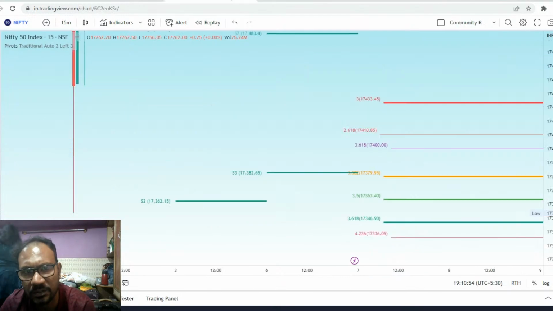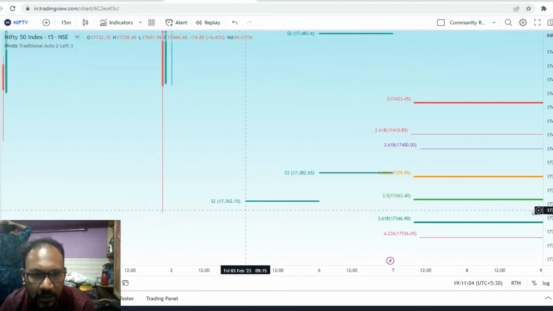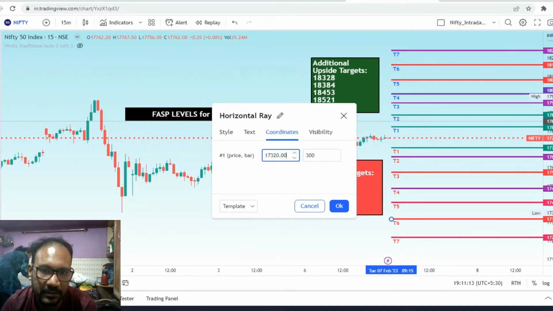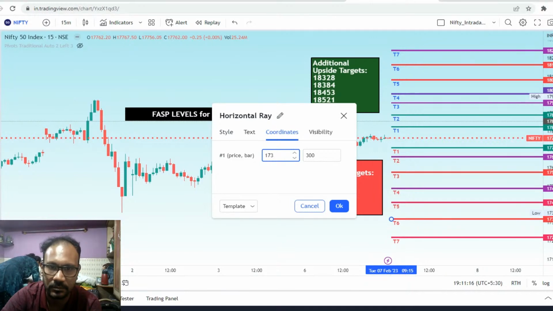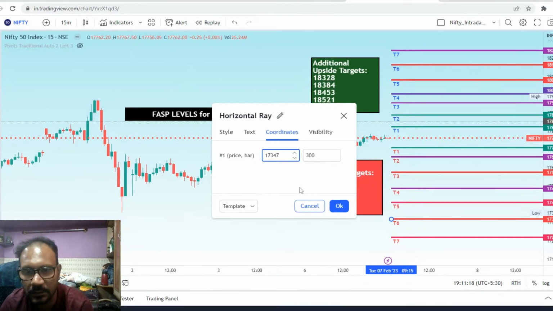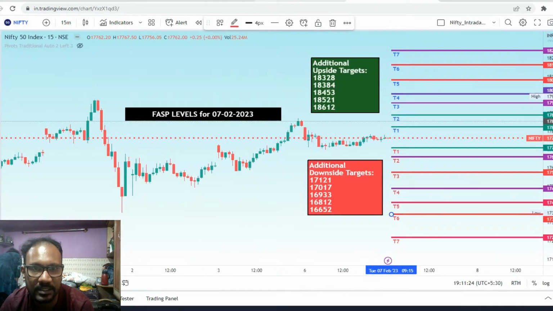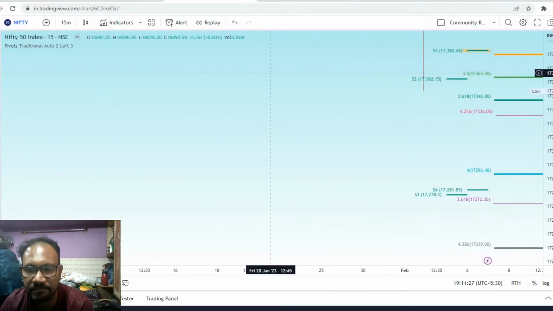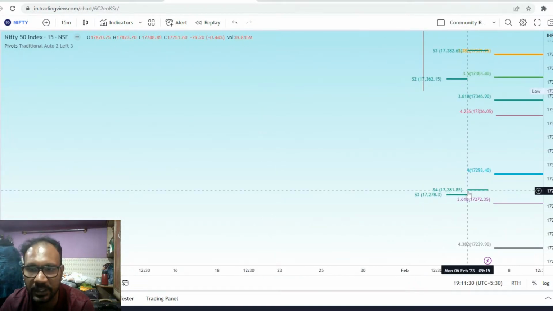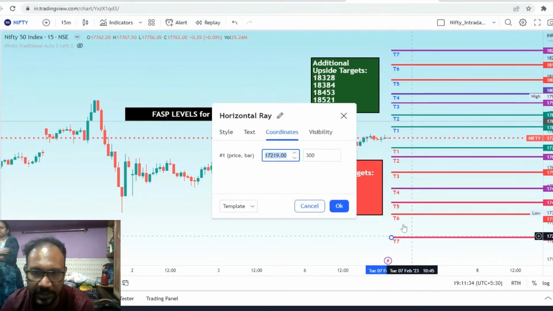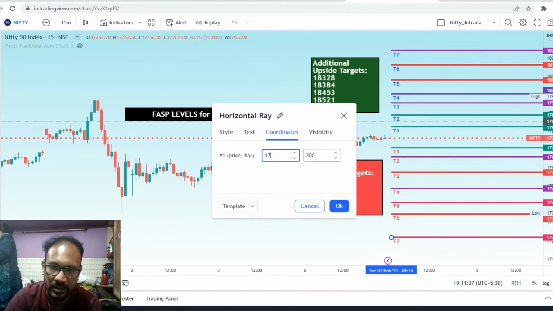Oh no, that's not good. I think I will take 347. Yeah, 347 is good. And then at last, 293, 281. 281 is better because support is more precious. 17,284.